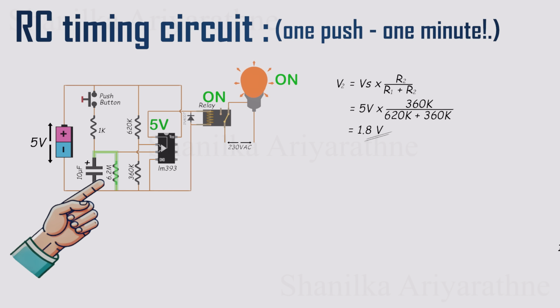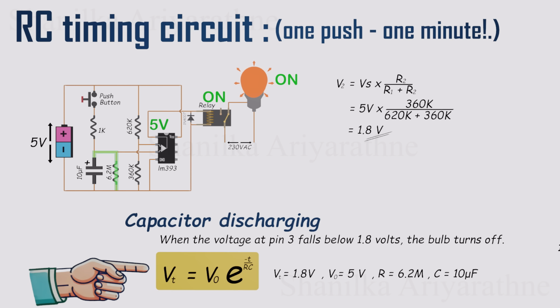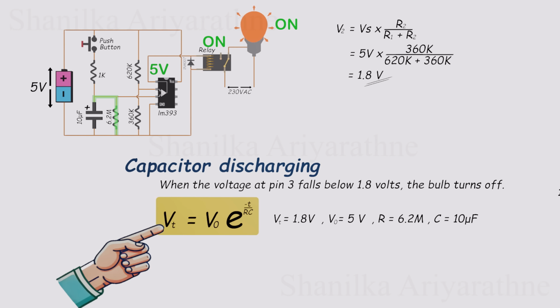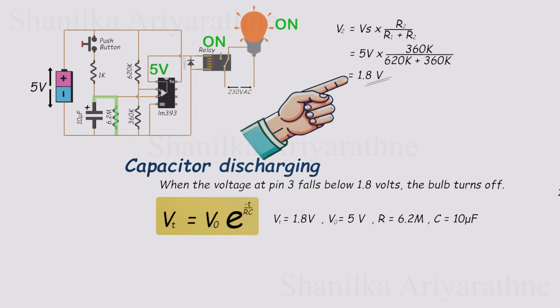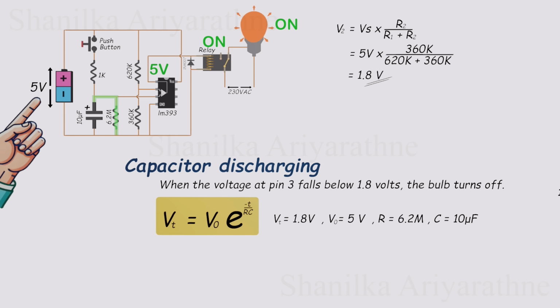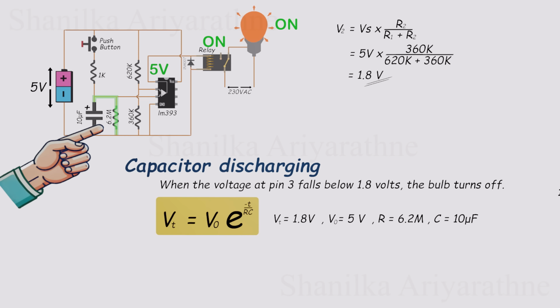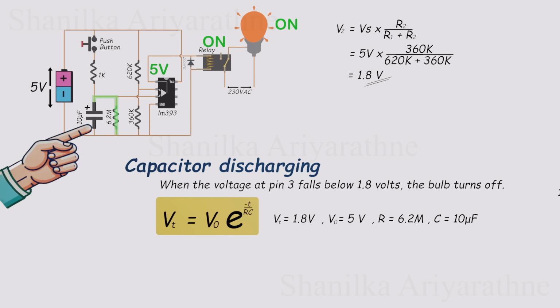To find how long it takes a capacitor to discharge from an initial voltage to a specific voltage, I'll use the capacitor discharge equation. Here, Vt is the voltage we want the capacitor to discharge down to. That's 1.8 volts. V0 is the initial voltage, which is 5 volts. The resistance R is 6.2 megohm, and the capacitance C is 10 microfarads.